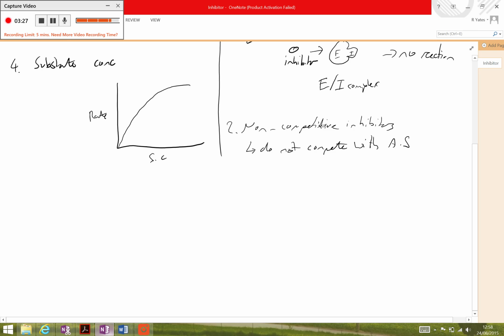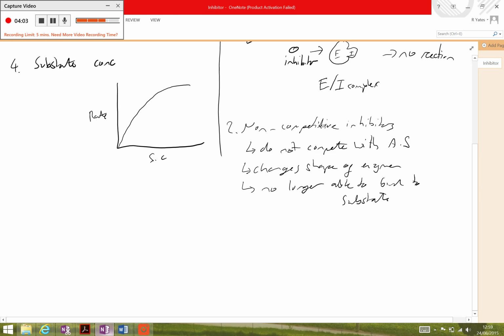Essentially, what they will do is bind to an area that is not the active site, and will change the shape of the whole enzyme, including the active site, so that it can no longer bind with the substrate. Changes shape of enzyme, no longer able to bind to substrates.